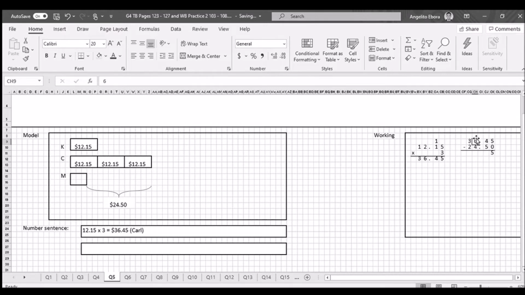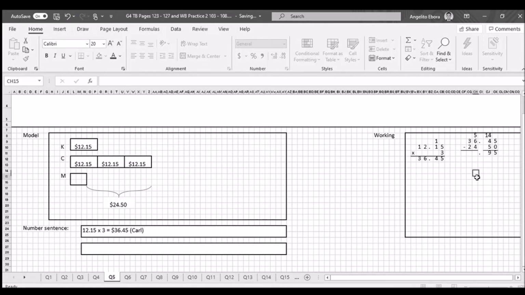So 6 becomes 5, this becomes 14. So 14 minus 5 is 9, decimal point. 5 minus 4 is 1. And then this one is 3 minus 2 is 1. So $11.95. This is the amount of money that Mia has.